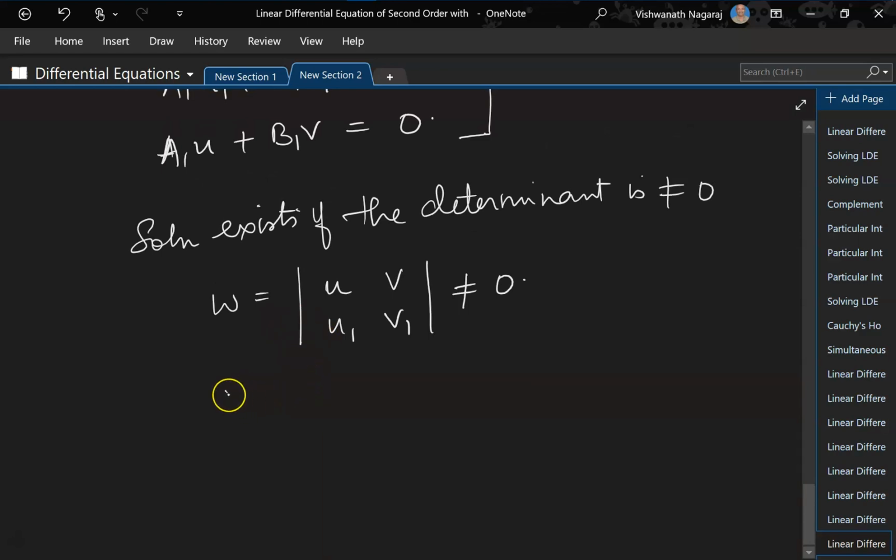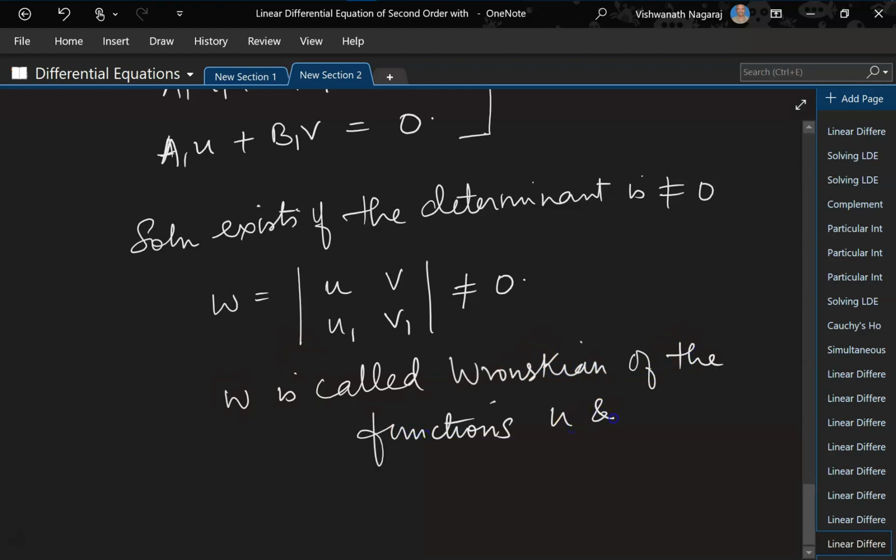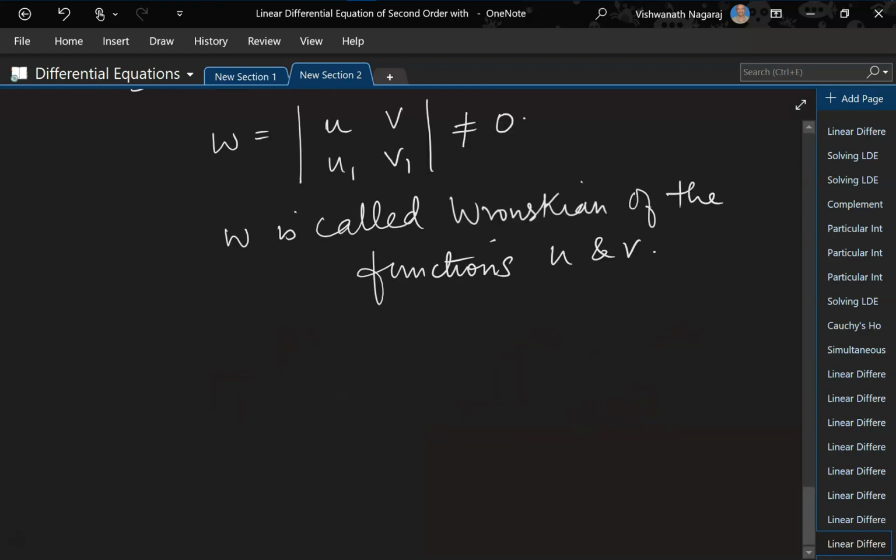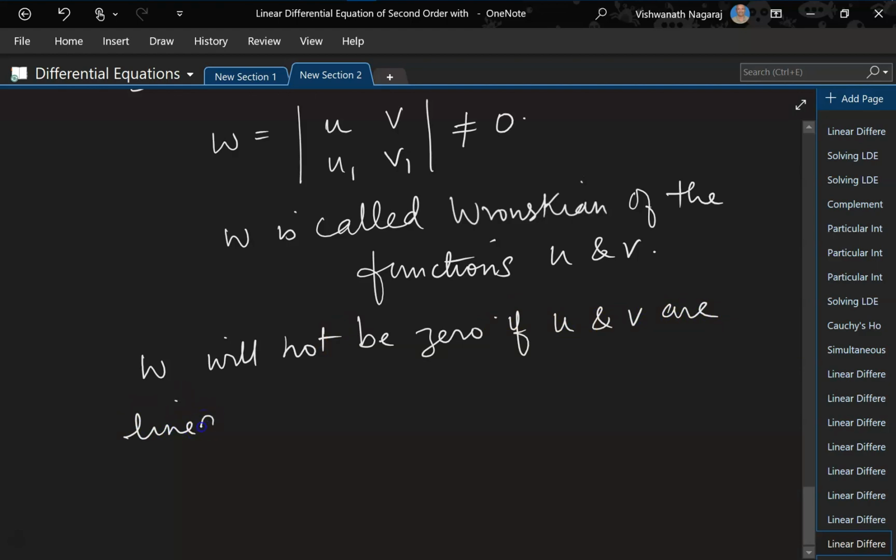And another thing is that this is called the Wronskian of the functions u and v. Now we also know that the determinant will not be 0 if u and v are linearly independent.